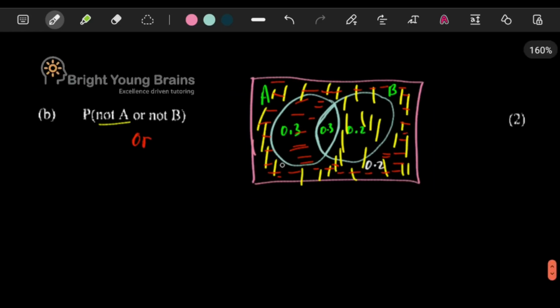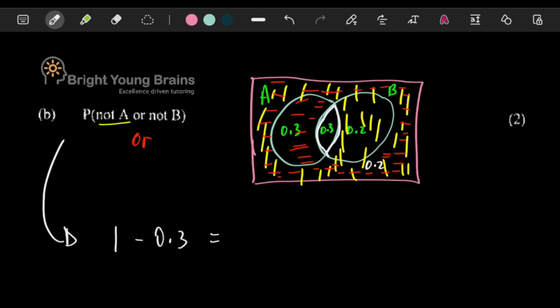So because everything adds up to 1, and this is the only part that is not included in your answer, this answer is going to be 1 minus 0.3, and your answer there is 0.7, because it's going to be this plus that plus this on the outside. That's the probability of not A or not B. That's where not A or not B intersect, if I can put it that way.